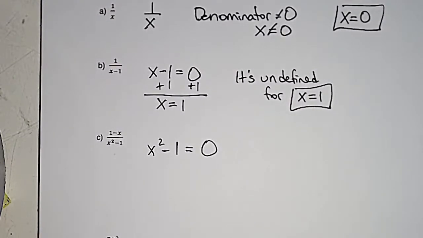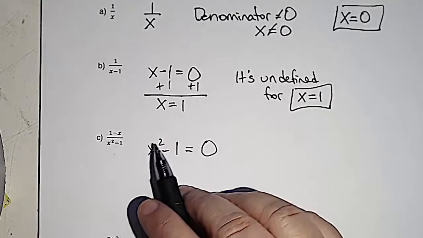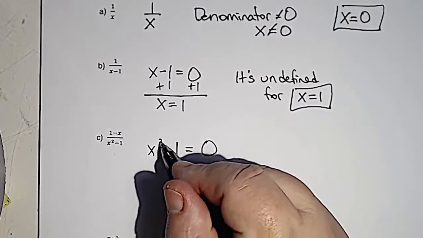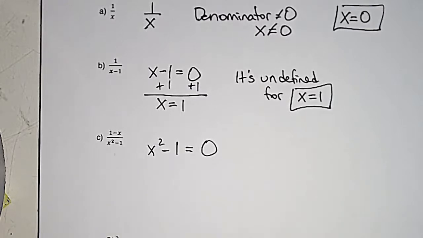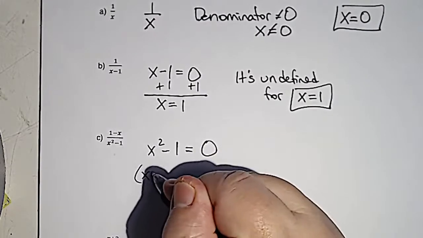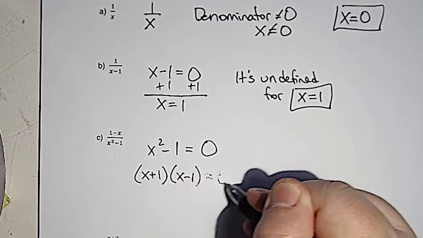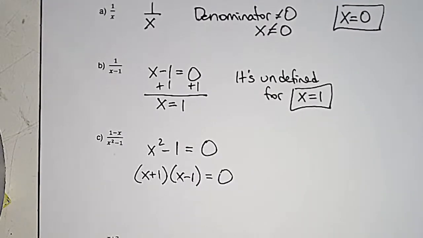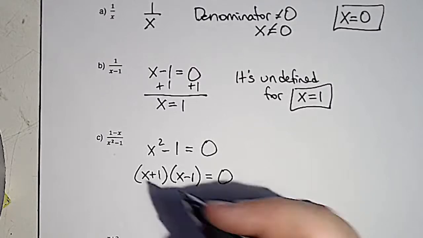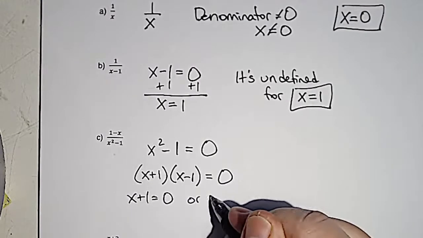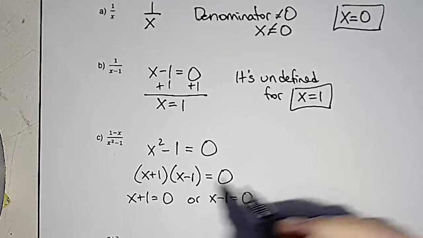Okay. Now, do you remember how to factor this from the polynomial section? X squared minus 1, it's a difference of 2 squares. I get x plus 1, x minus 1. So when is this actually equal to 0? Either when x plus 1 equals 0 or when x minus 1 equals 0.